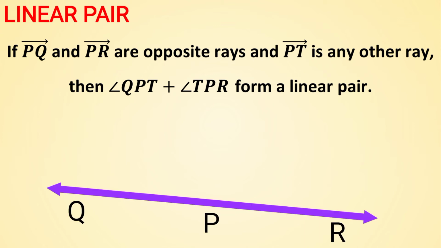So this is line QR with point P. P is the common endpoint of ray PQ and ray PR. So they are opposite rays. And we have ray PT, which is another ray. Then the angles formed, angle QPT plus angle TPR, form a linear pair.